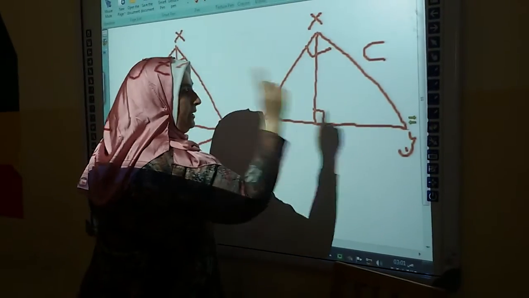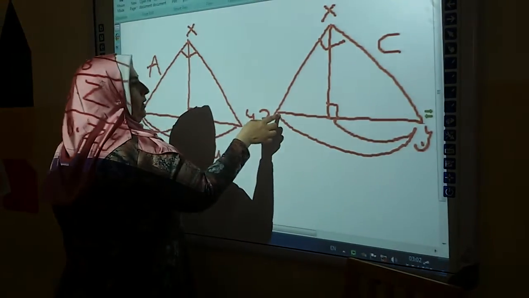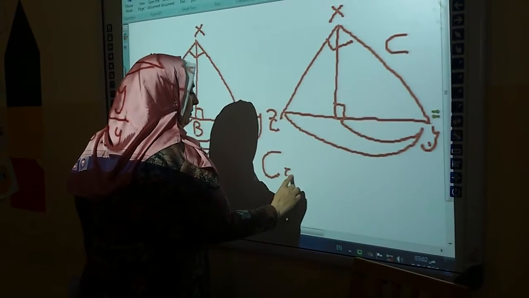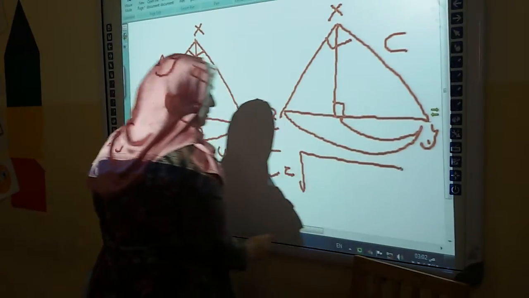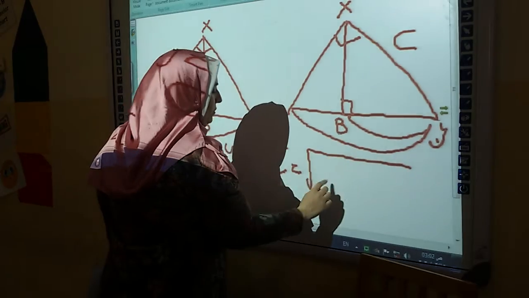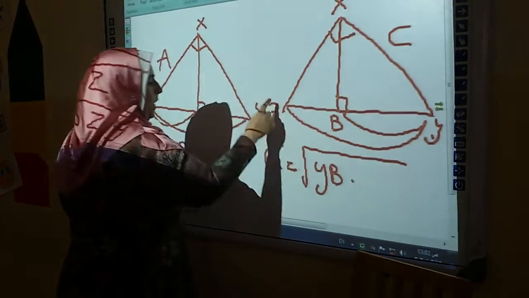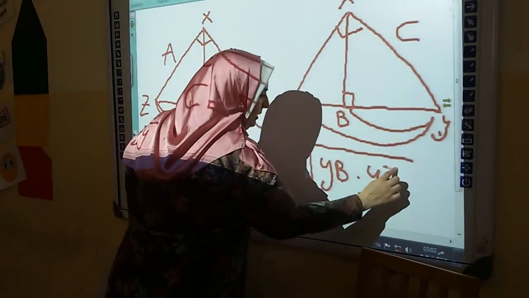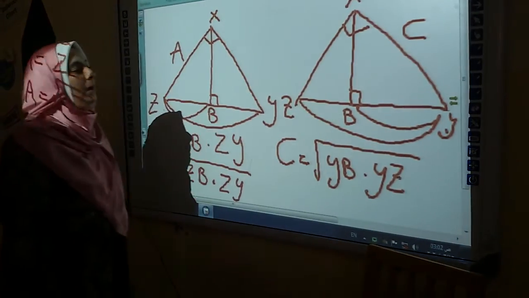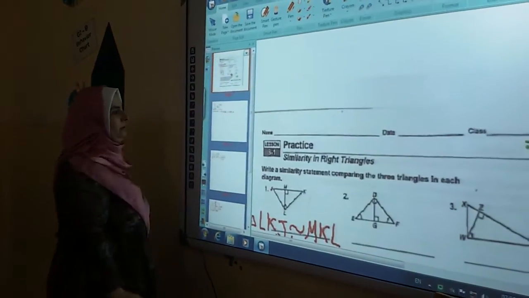Of course, I said take the closest part, then the whole part. So C equals the square root of, here it's B, so YB times YZ. If you understand this, you're going to solve this exercise with me now.